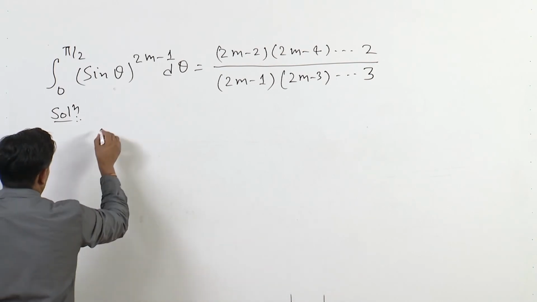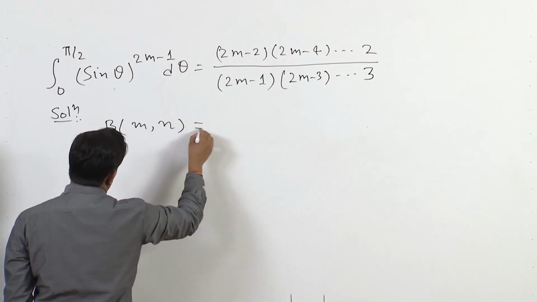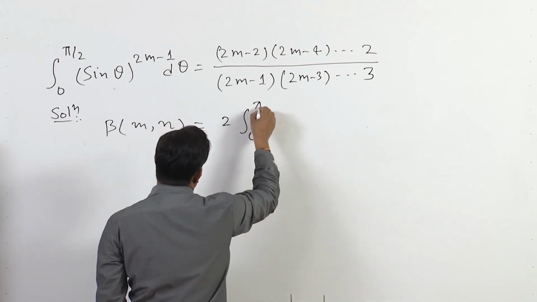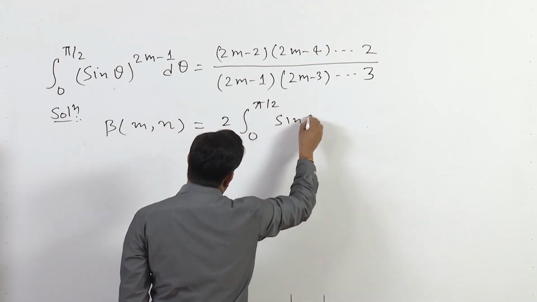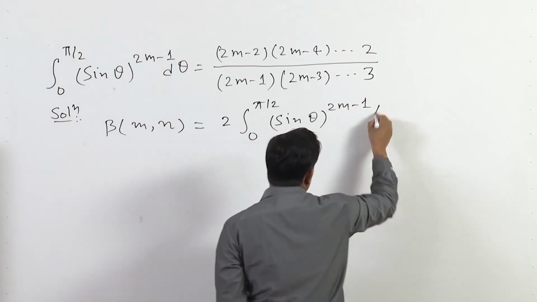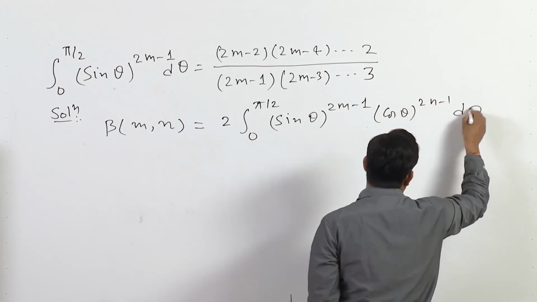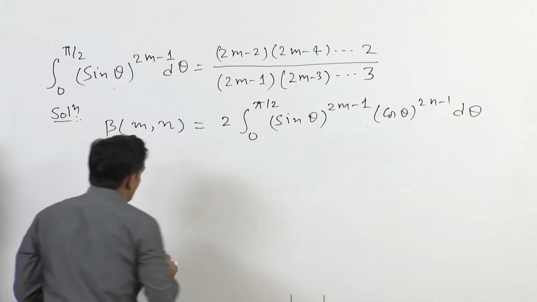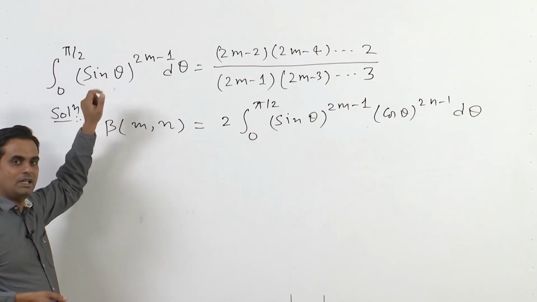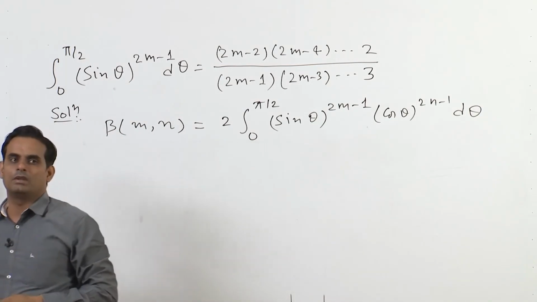Okay, we know that beta of m, n can be written as 2 times the integral 0 to pi by 2 of sin theta raised to power 2m minus 1 cos theta raised to power 2n minus 1 d theta. From where I am getting this feeling? Because I need to solve this integral. So, here the term is involving sin theta. So, I have taken this particular identity of the beta function.